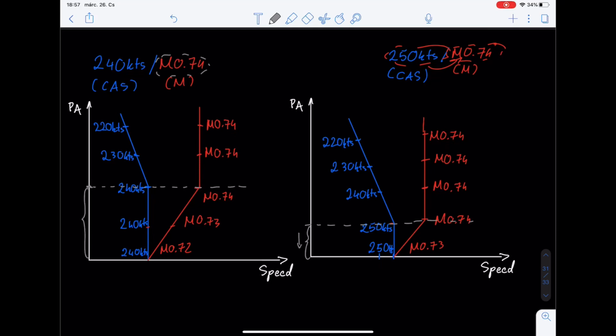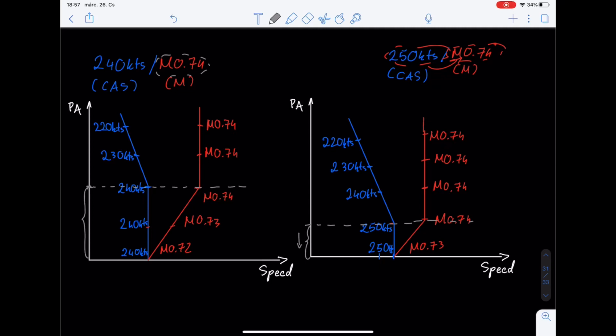So if I would reduce, compared to the initial one, the calibrated airspeed to 230, so I lowered it, and the Mach number would stay the same, of course, the changeover altitude would increase in that case. And it also works with changing the Mach number, right?